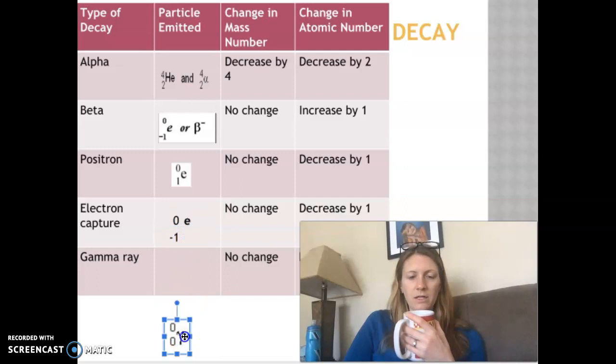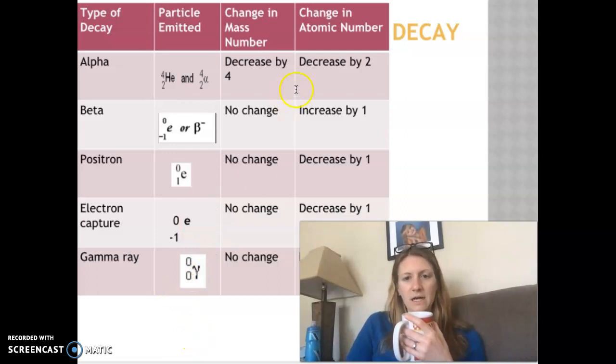It will decrease the mass number by 4 and decrease the atomic number by 2. Beta decay is 0, -1 e, or that beta symbol. It has no change to the mass number, and you increase the atomic number, but remember, beta decay is on the product side. Positron 0, +1 e, again no change in mass number, decreasing atomic number by 1.